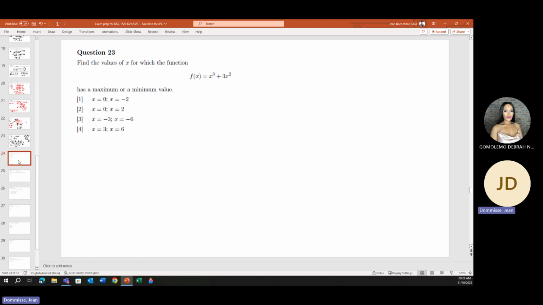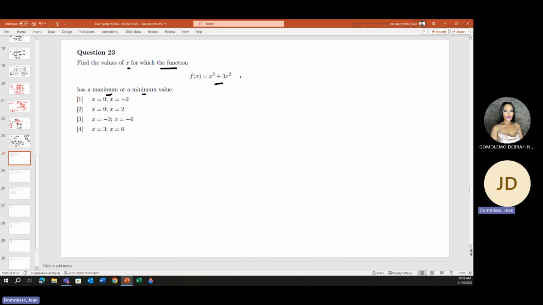And then we go into what is this, a cubic function. And in this, they ask us, it has a maximum or minimum value. So for what values of x has this function a minimum or maximum value?